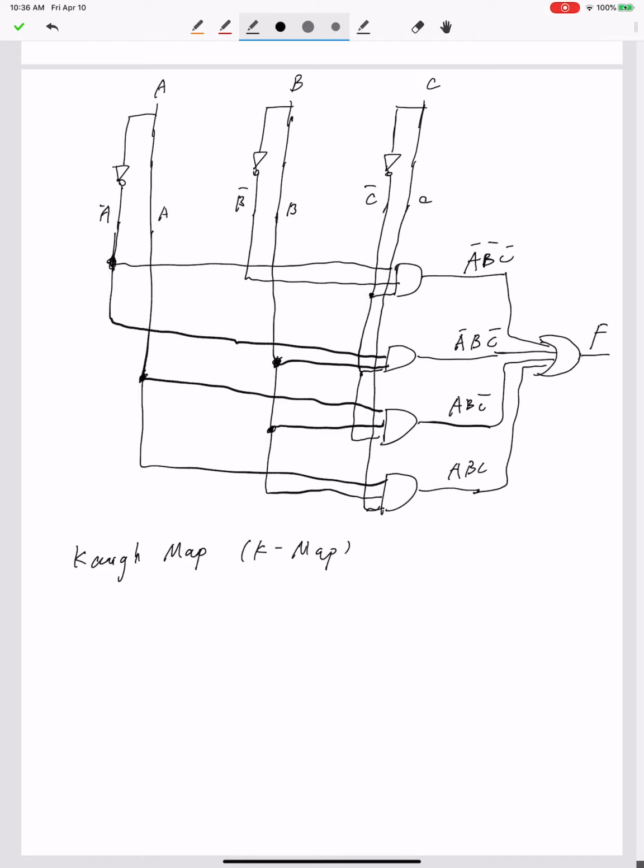Okay. So the functionality of the K-map, or kernel map, is that we can quickly simplify a logic expression with a graphical method.